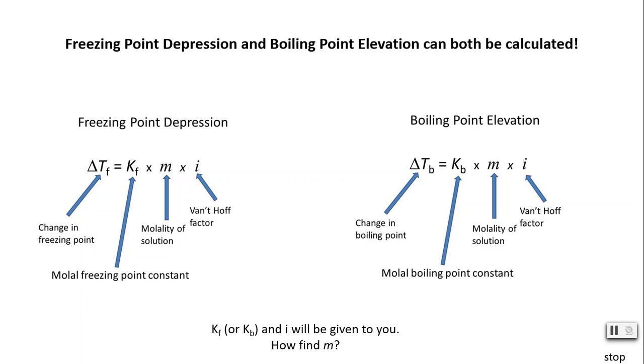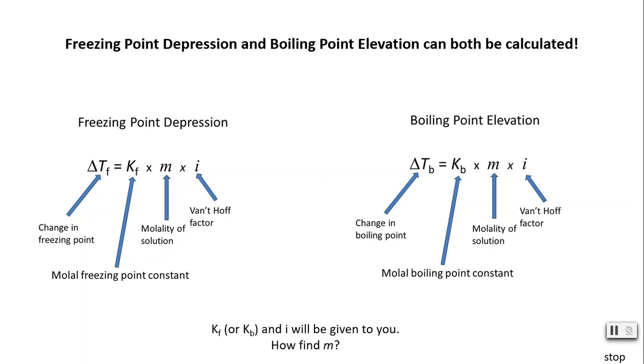We talked previously about molarity as a concentration, a way to express how much of a solute is in a particular volume of solution. This molality is another way to express concentration of solute in solvent.